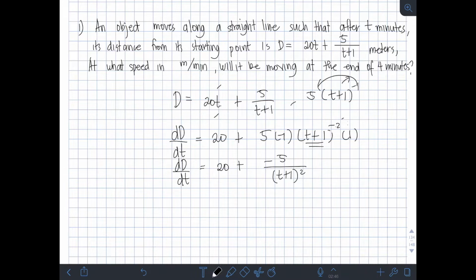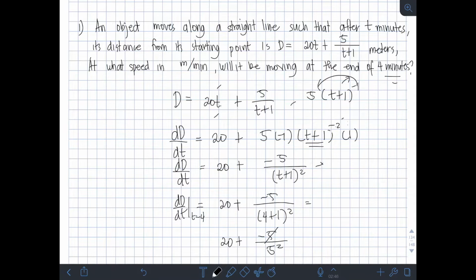So, ang tanong is, what is the speed will it be moving at the end of 4 minutes? So, substitute lang natin yung t na 4 dito sa derivative. So, we have the derivative of d with respect to t at t is equal to 4. So, 20 plus negative 5 over (4 + 1) squared. So, ilan to? 20 plus negative 5 over 4 plus 1 is 5 squared.